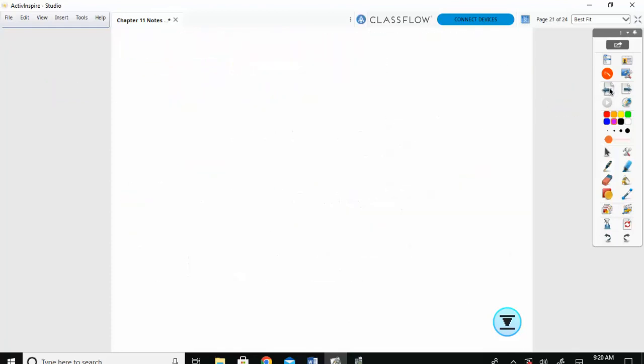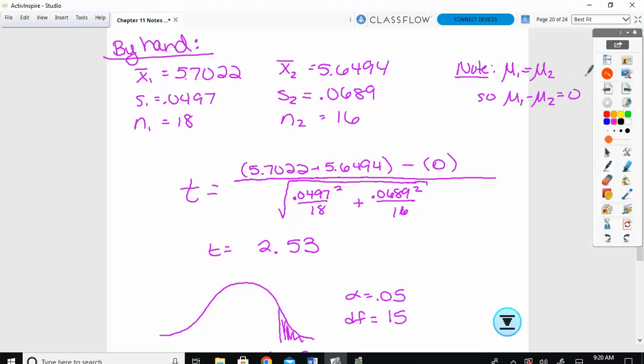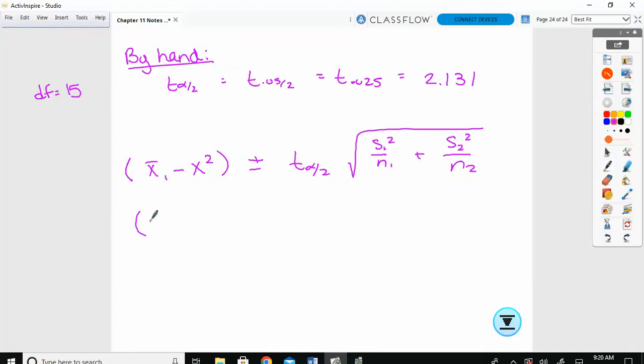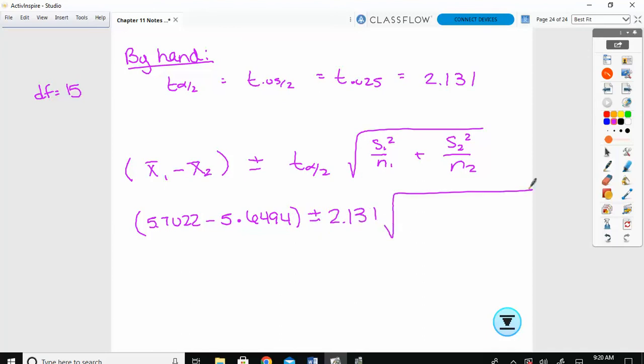Looking back at our slide where we had all this written down, x1, the mean of the first, was 5.7022, minus the mean of the second, 5.6494, plus or minus 2.131 times the square root of the standard deviation of the first set squared over n, plus the standard deviation of the second set squared divided by n.